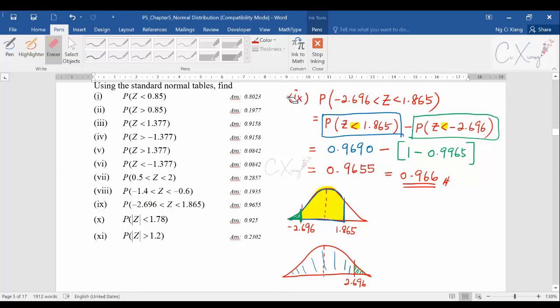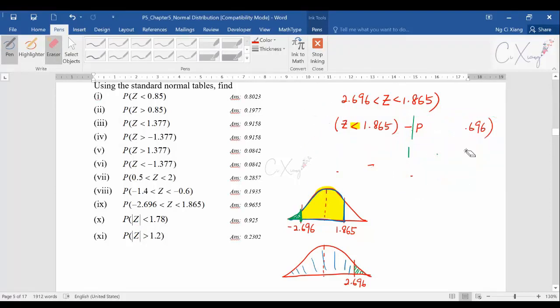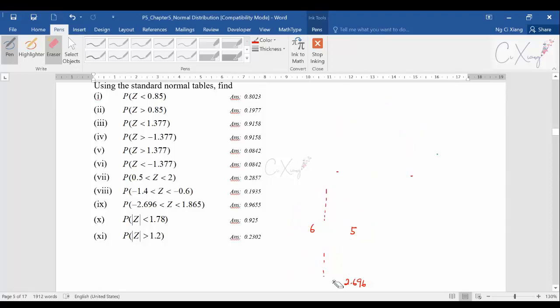Now let us try the last two. When the equation involves the modulus, what will we do? Same thing: I will only discuss one example, and then you try the other example yourself. Maybe I try part number 10.